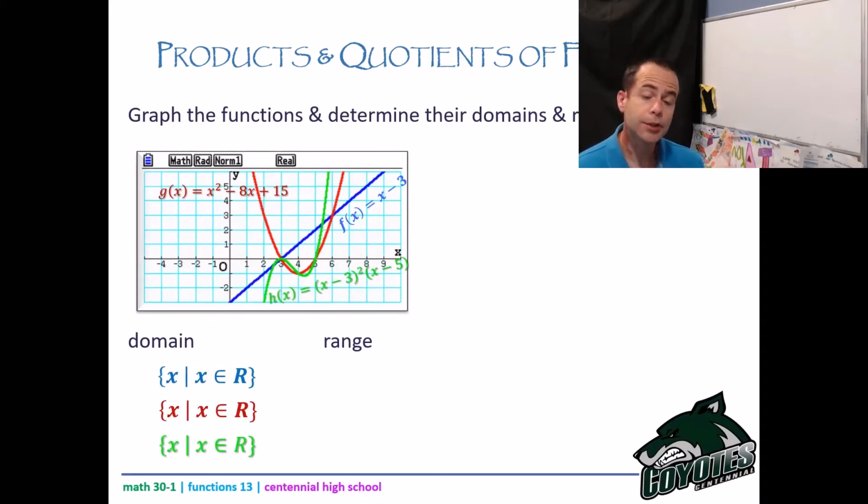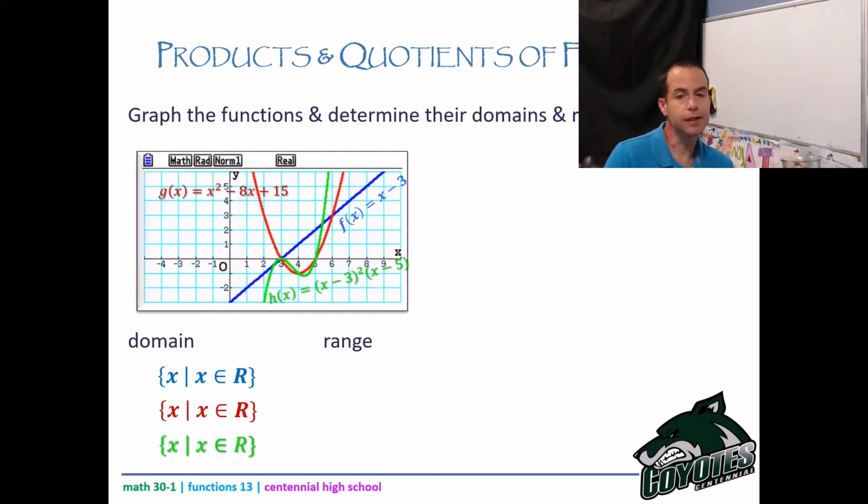The range for f of x and h of x will be real because they're odd degrees. But g of x is an even degree. And so I need to find that minimum point, and a reminder that you can only find that minimum point right now with your graphing calculator, okay?